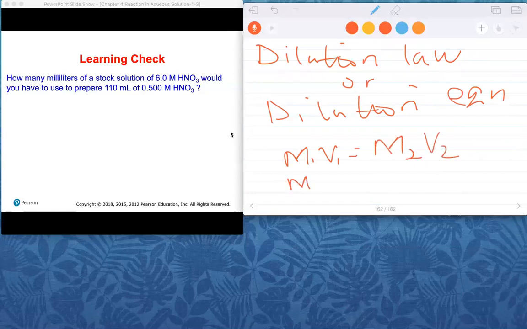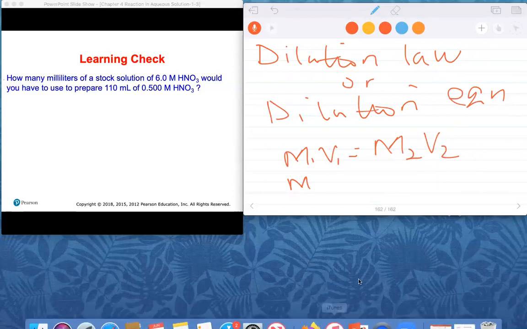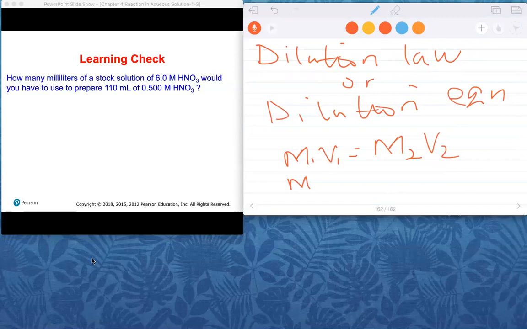This could also be written as MC VC, for molarity times volume of the concentrated solution, equals the molarity times volume of the dilute solution. We have four identities in this equation that you should be able to rearrange.